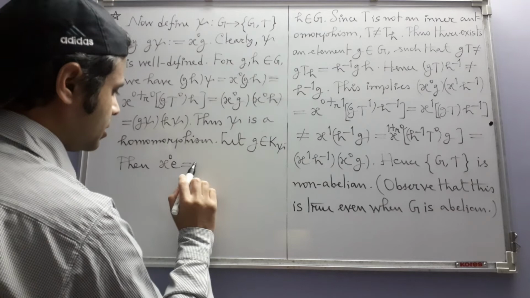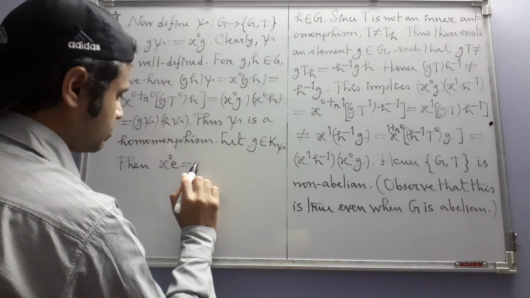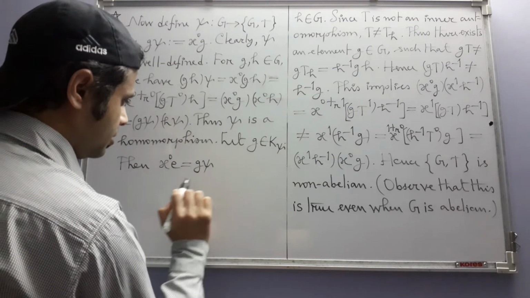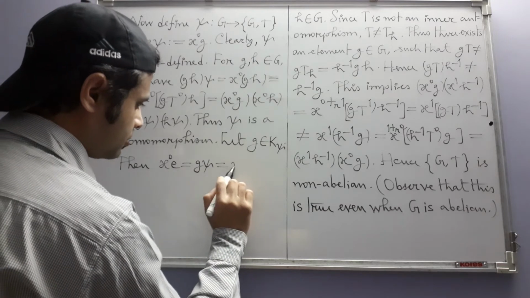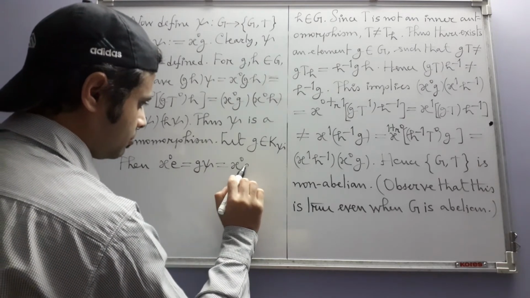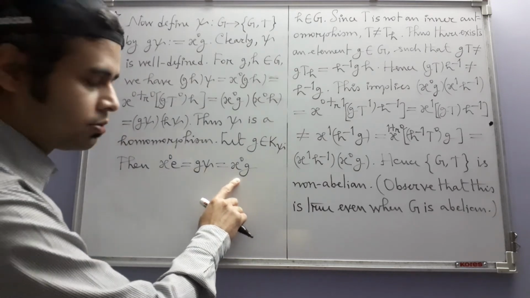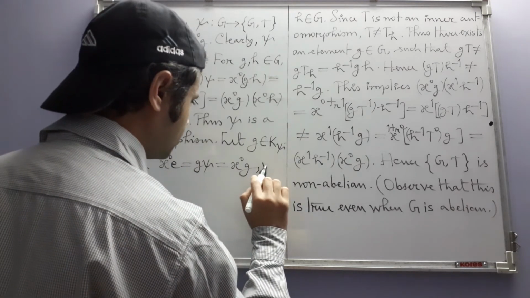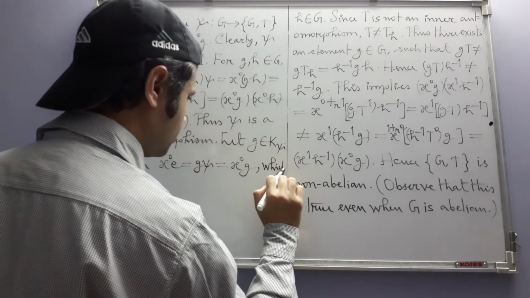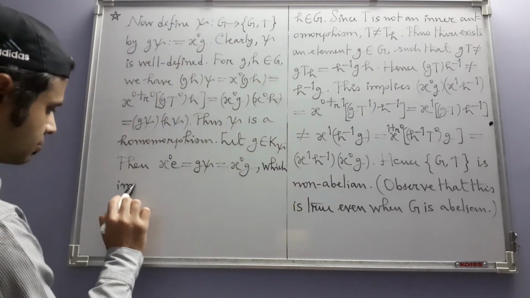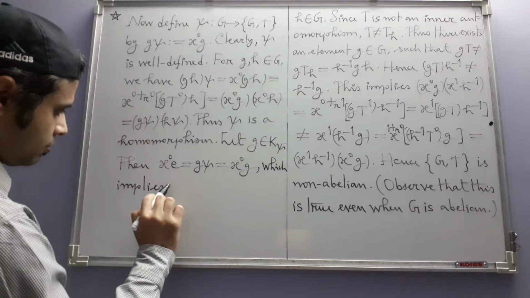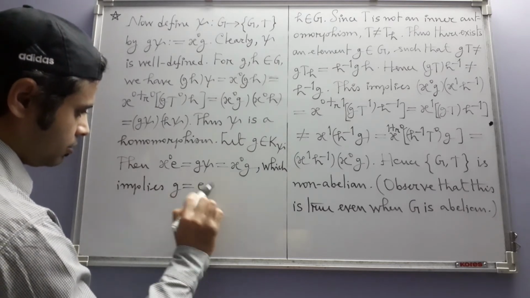That should be equal to the psi image of this, which is equal to this. So from the definition of equality of two such symbols, G should be equal to identity.